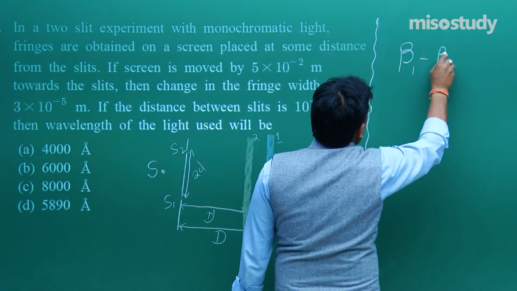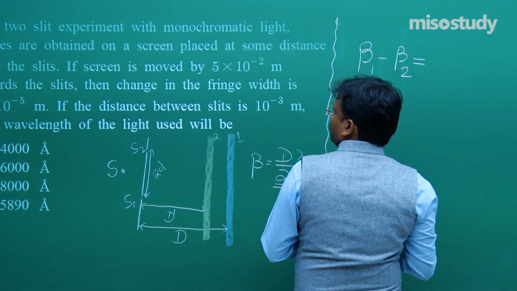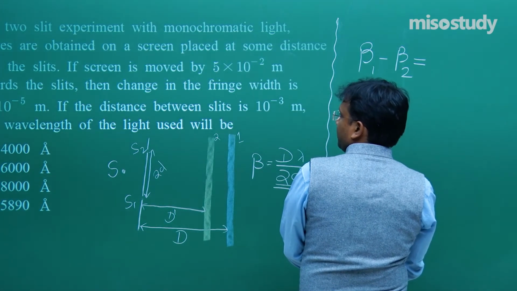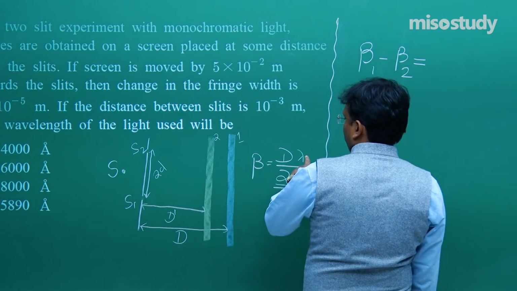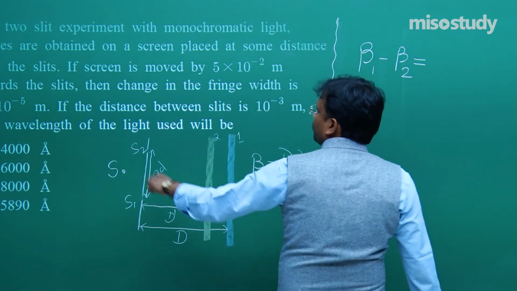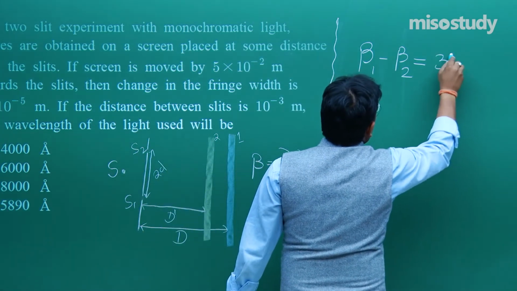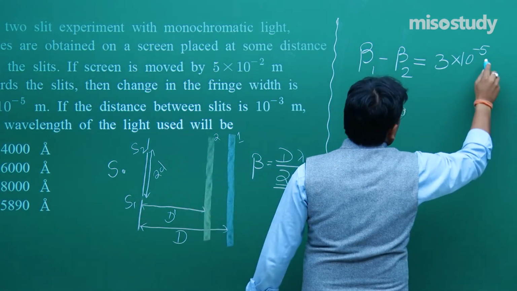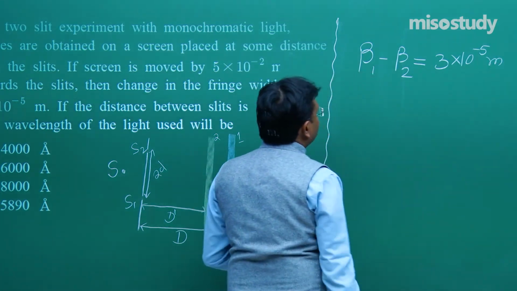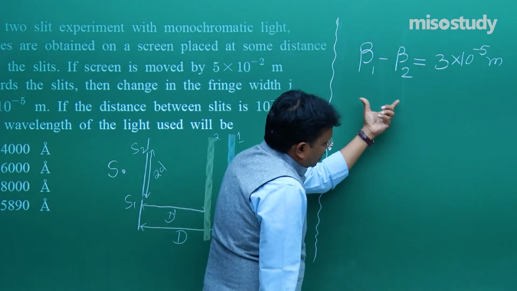Beta 1 minus beta 2, actually you have to find the wavelength. Yes, no problem, you have to find the wavelength, good. So, beta 1 minus beta 2 is equal to 3 into 10 to the power minus 5 meter, fine. This is the fringe width difference because of this change, fine.